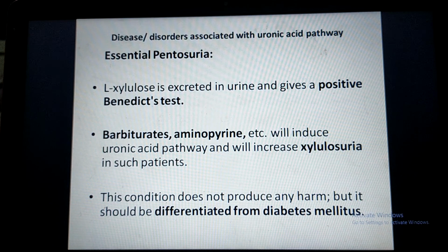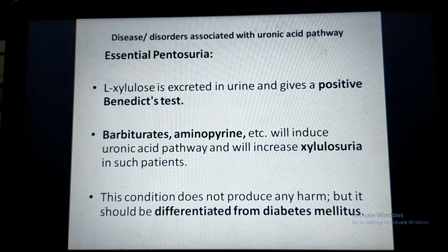So essential pentosuria is detected by positive Benedict test. Sometimes if drugs like barbiturate and aminopyrine are given to the patient, they also cause excretion of xylulose sugars into the urine.